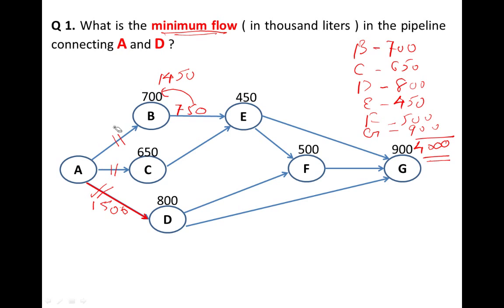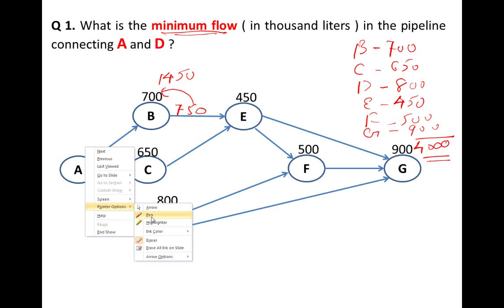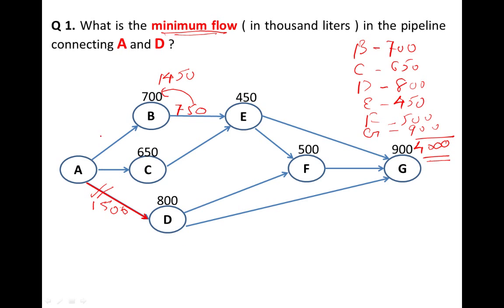Let's erase this one. So instead of 1500, it should be 1450. Come to pipeline A to C. We know C to E is the only outflow, and the maximum capacity this pipeline can take is 750.